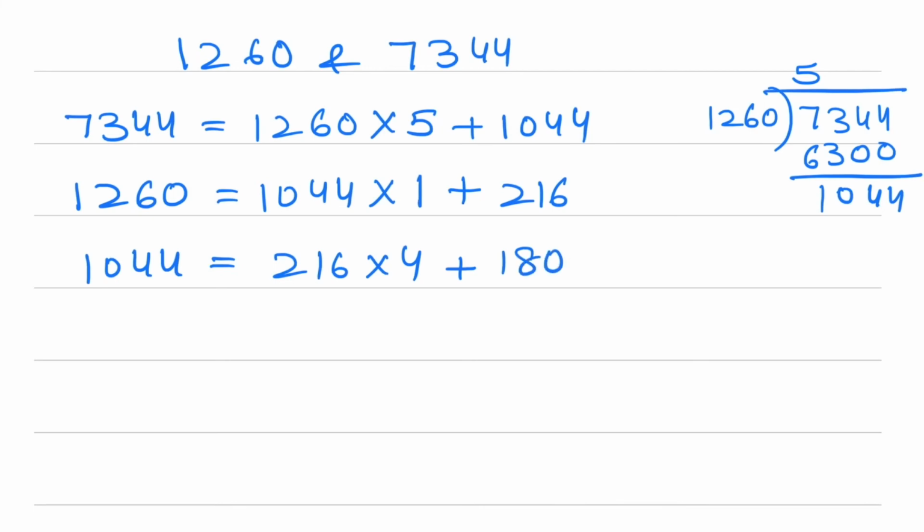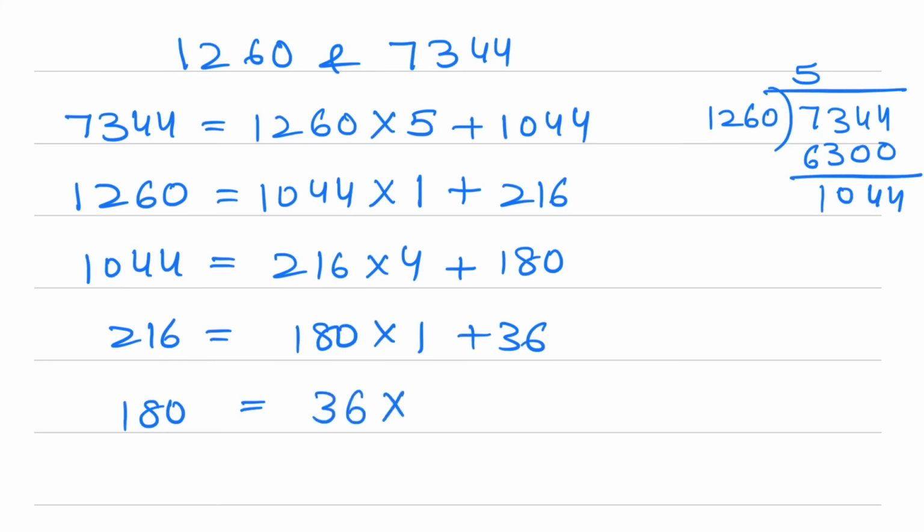Then 216 is equal to 180 into 1 plus 36. Then 180 is equal to 36 multiplied by 5 plus 0. So therefore we can see this will be the HCF.